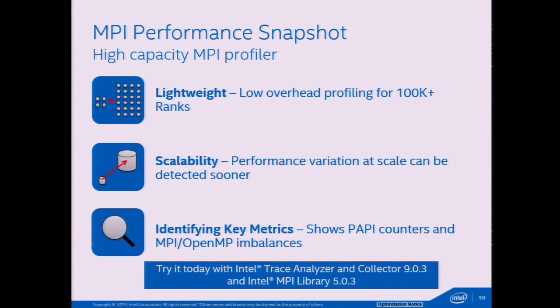This is a new feature in the latest version, which is 9.1. We have added this MPI Performance Snapshot, which takes a look at lightweight statistics for your application, and gives you that in a nice overview format.